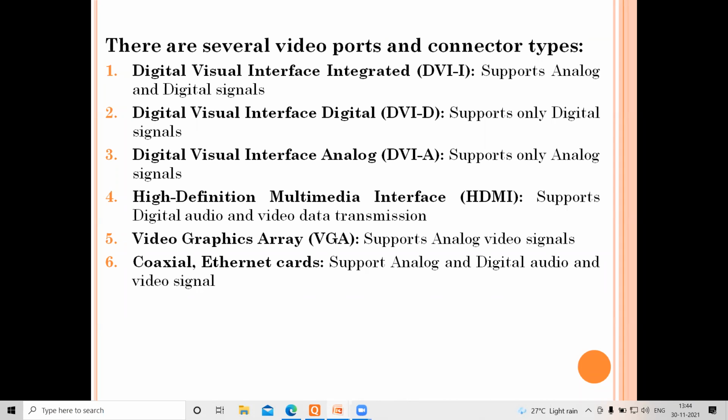You have coax cables and Ethernet cables, which support both analog and digital audio signals. The reason I'm mentioning this is because I'm talking of digital to analog. Therefore, you should know which particular cable or port will support what type of connector. It's important to know. Therefore, I put this slide here.